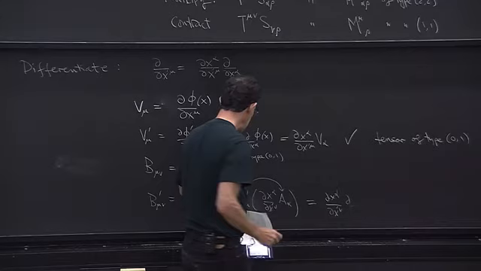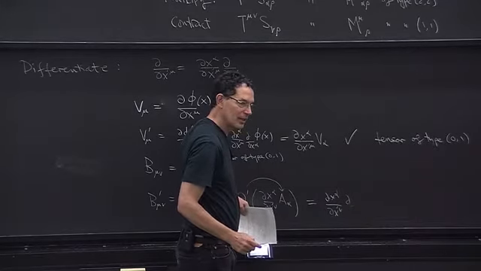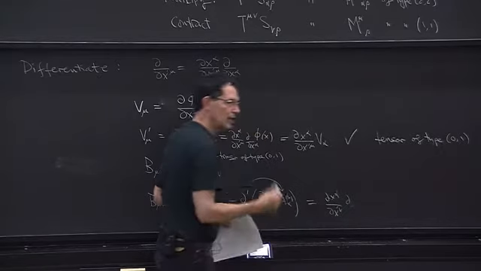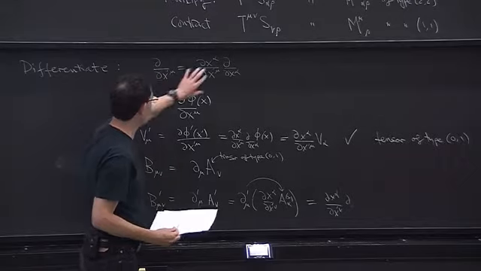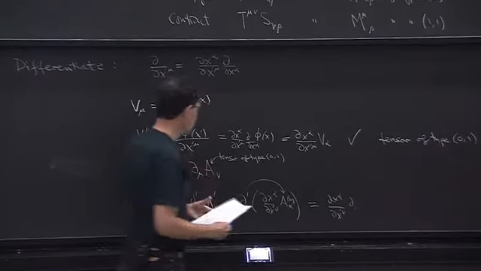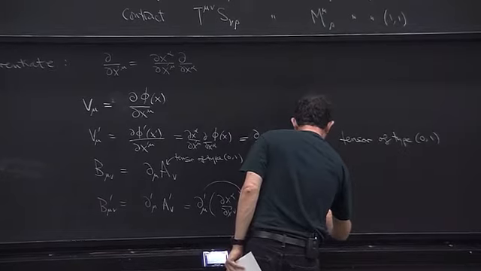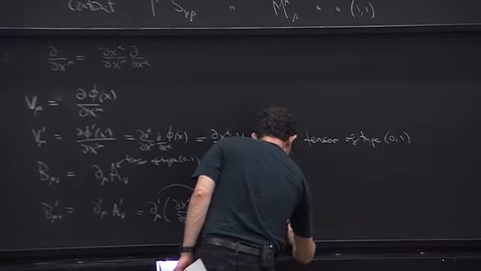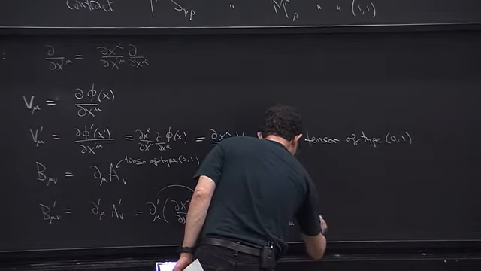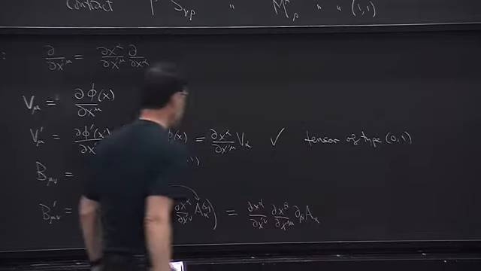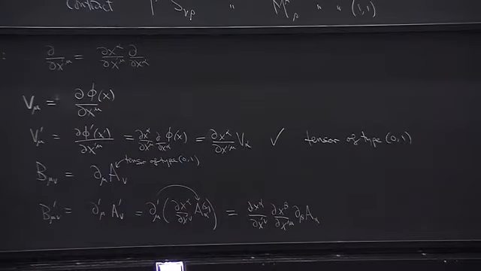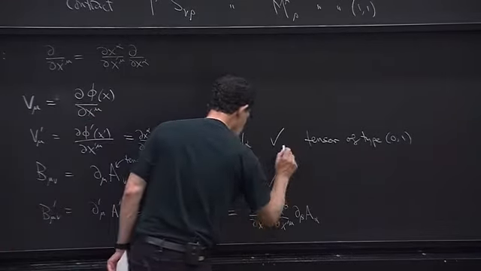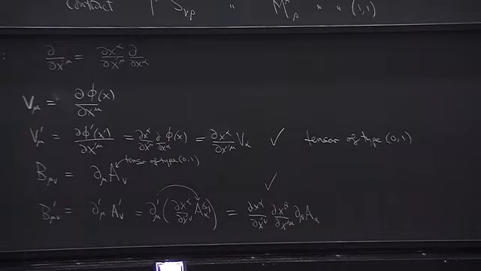Well, I'm going to differentiate A with respect to x prime. Okay, so how do I do that? Well, A is a function of x. So I write the derivative with respect to x prime as the Jacobian times d by dx, right? So this gives me dx beta dx prime mu d beta a alpha. So that's a good term. That's exactly right. So differentiating the A gives me exactly the right transformation for a tensor of type 0, 2.